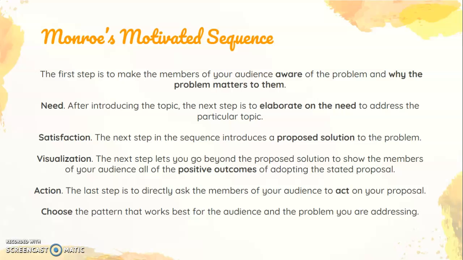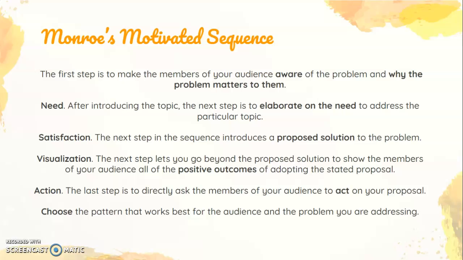You're going to start with making the members aware of the problem and why the problem matters to them. When we're talking about persuasive speeches, it's really important to be able to answer why this matters and how this impacts me. If people don't really feel connected to what you're talking about or feel like it impacts them, they usually stop listening because they aren't interested.